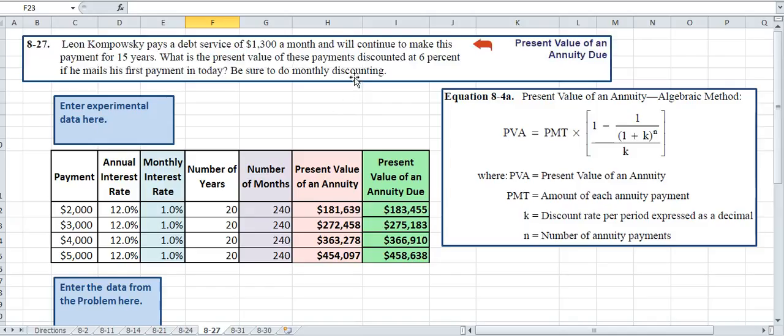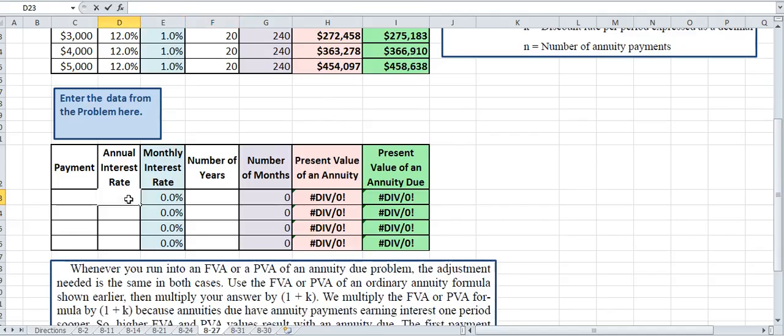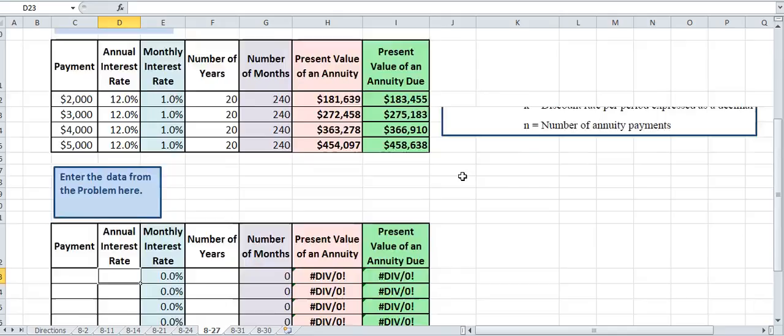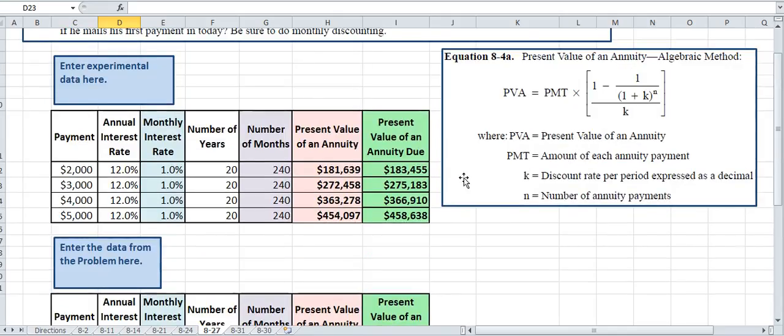The annual interest rate is 6%, and you have to change that to 6. Then the number of years goes here, and that should multiply out to give you the months, which would be 180, and you'll be able to get your answer.